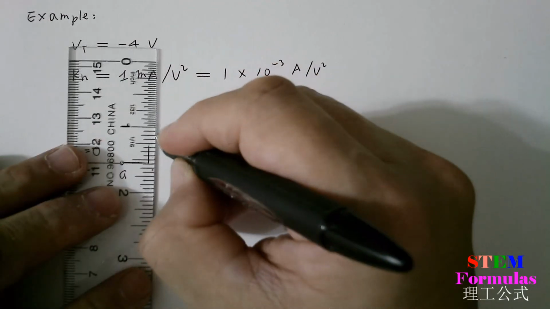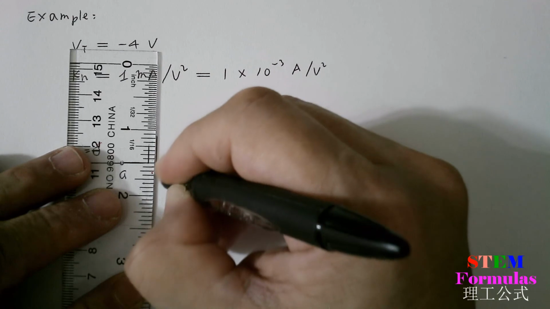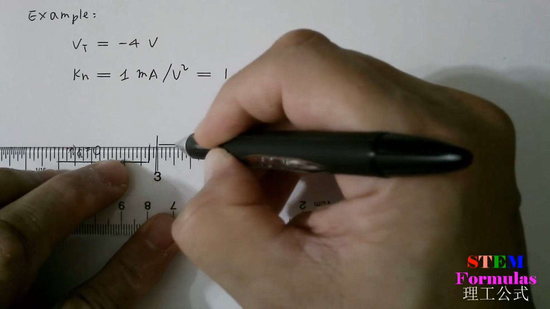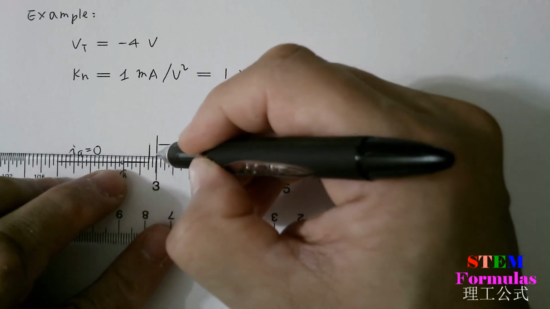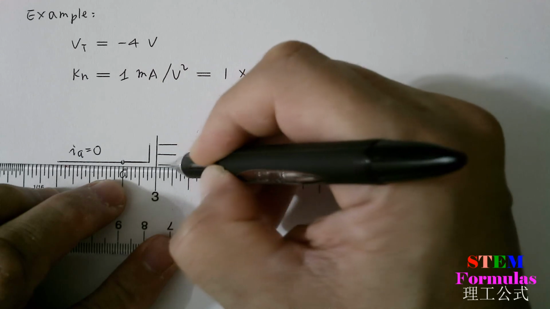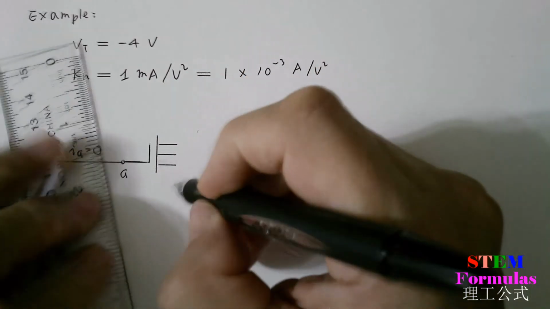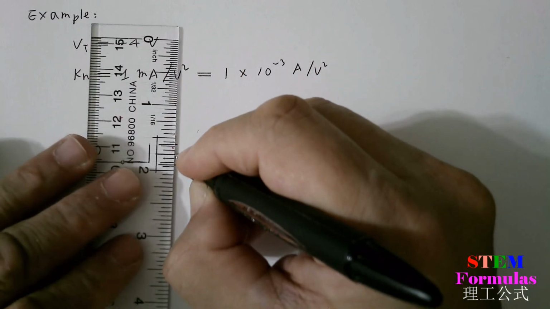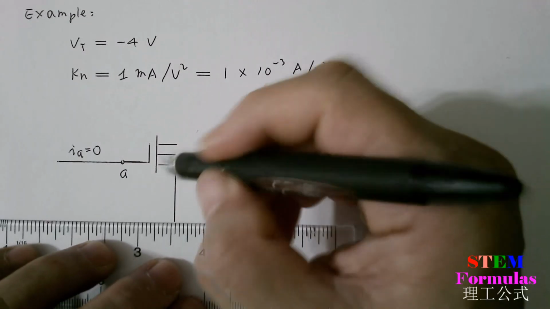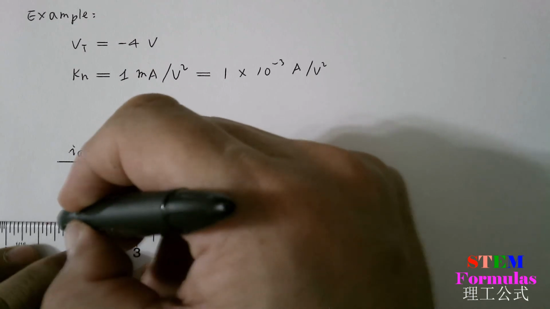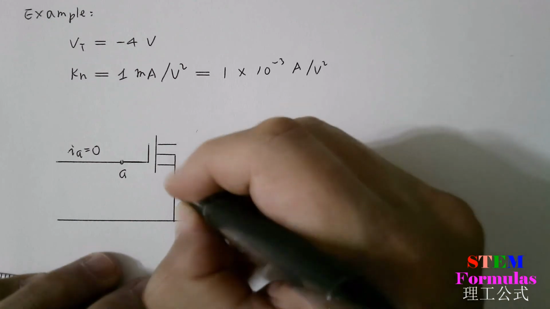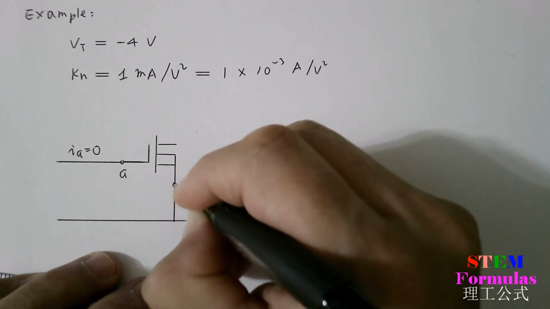Now we have here a depletion type MOSFET. So this is S.